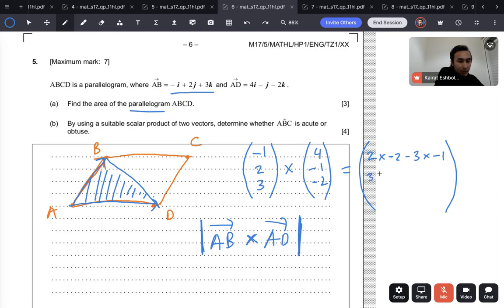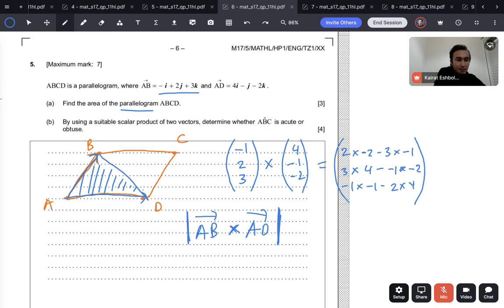So 3 times 4 minus negative 1 times negative 2. Right? And then the last row here, we go back to minus 1. We forget about this line, so minus 1 times the minus 1 and minus 2 times 4.